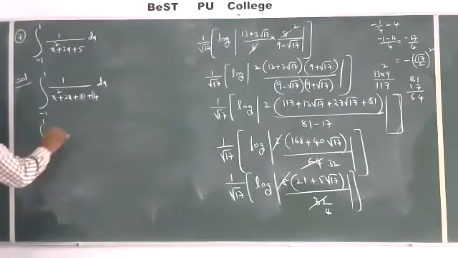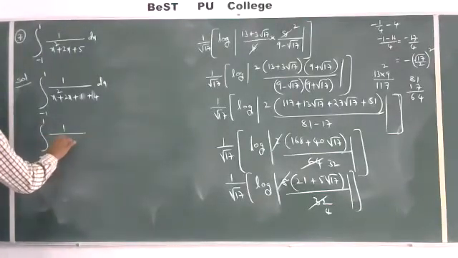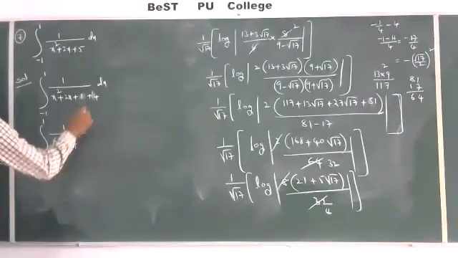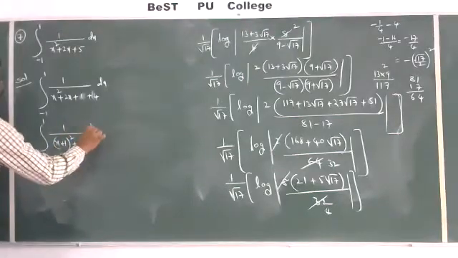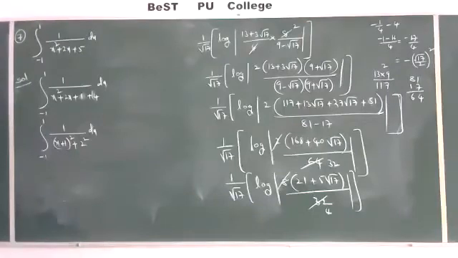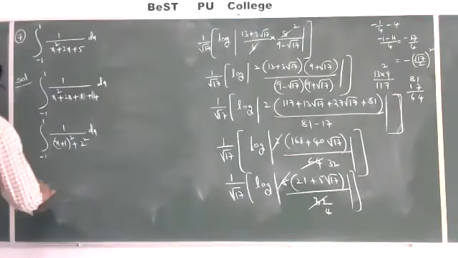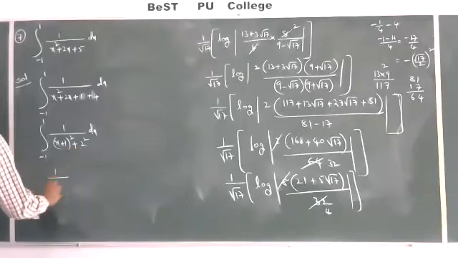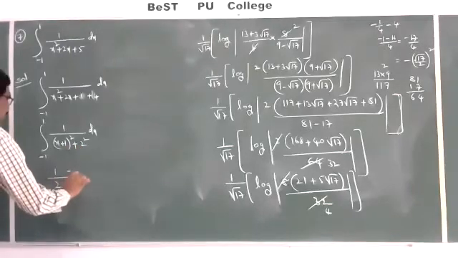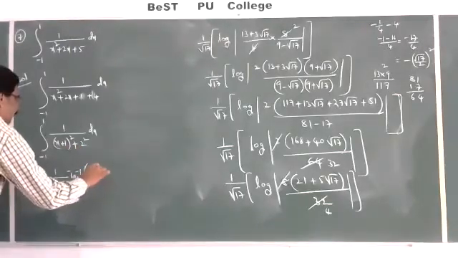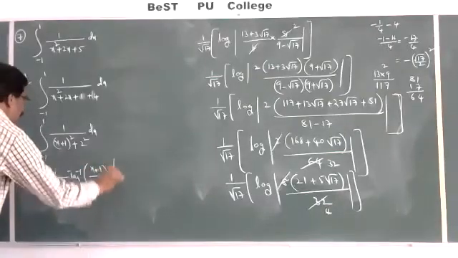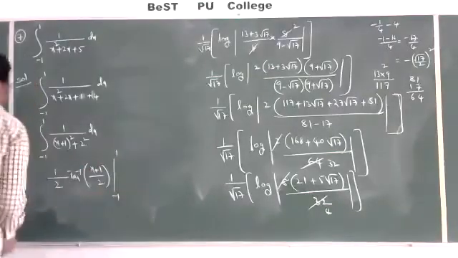Integral minus 1 to 1, 1 by x plus 1 whole square plus 4, which is 2 square, into dx. So this is in the form of integration of 1 by x square plus a square, which is 1 by a tan inverse x by a. Here a is 2, so tan inverse x plus 1 by 2 from the limits minus 1 to 1.